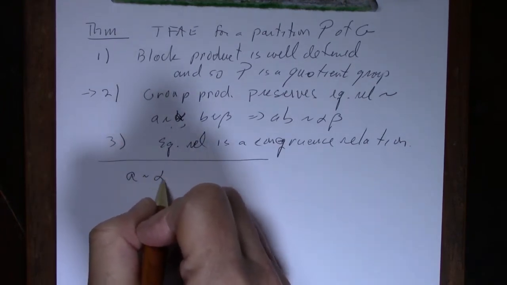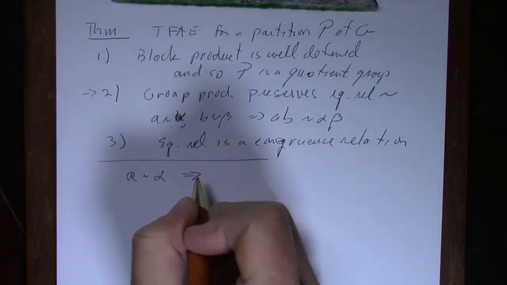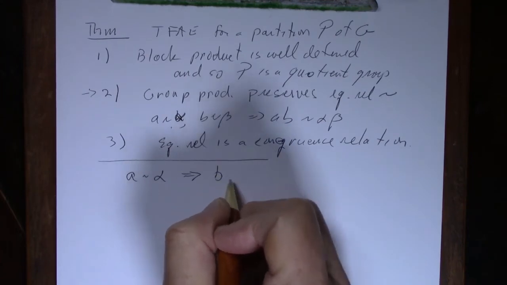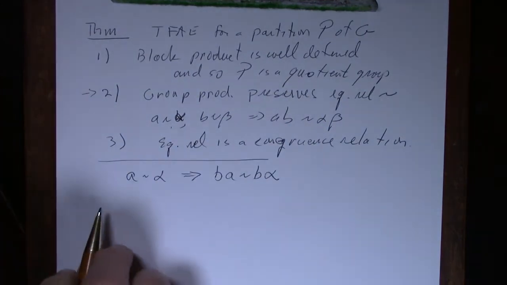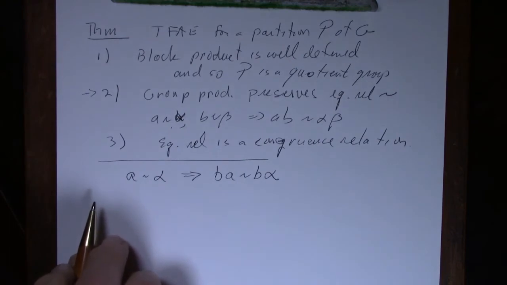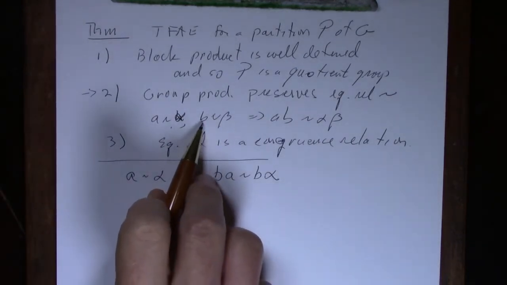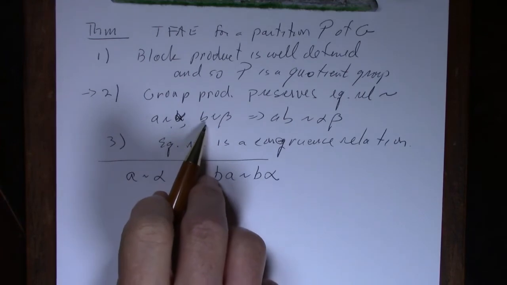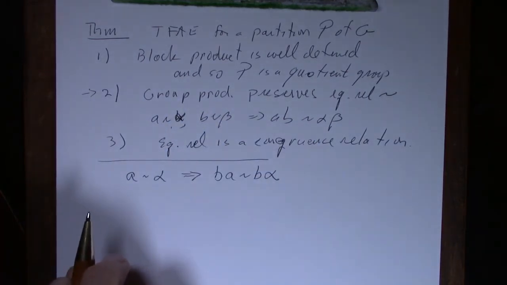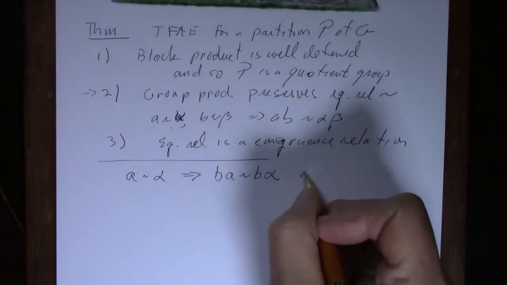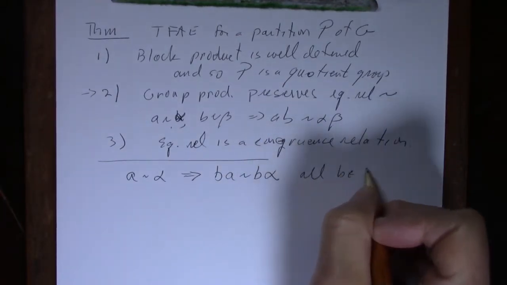A equivalent to alpha implies we could pre-multiply both sides by a group element. We're just taking B equal to beta, but we're applying it in pre-multiplying rather than post-multiplying. This is for all B in G.